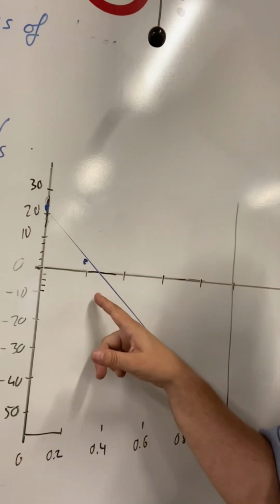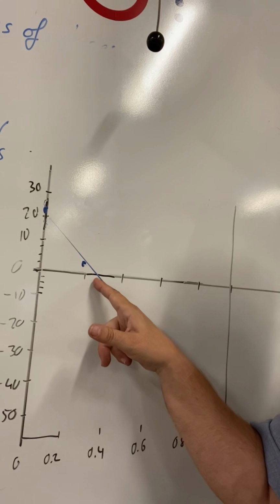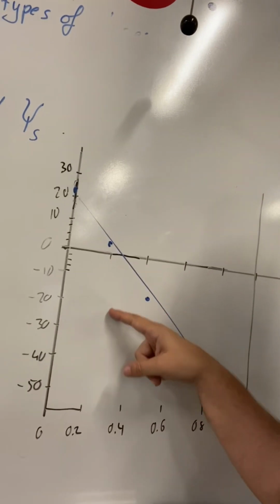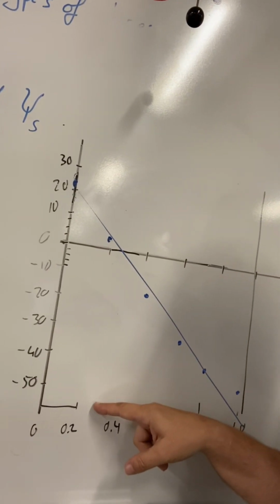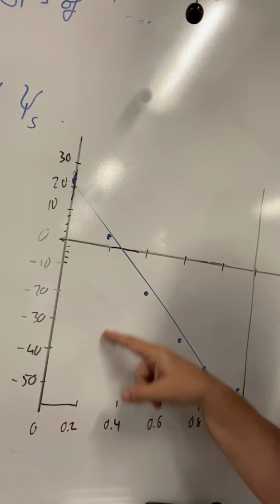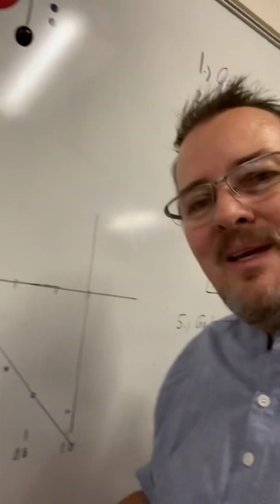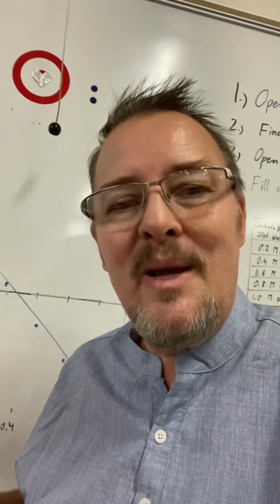So look at where the blue line, or whatever color your line is, intersects with the x-axis, and determine from the x-axis at what concentration that happened. Everybody's is a little bit different because everybody made their own line of best fit, but there's not a big difference between the numbers.